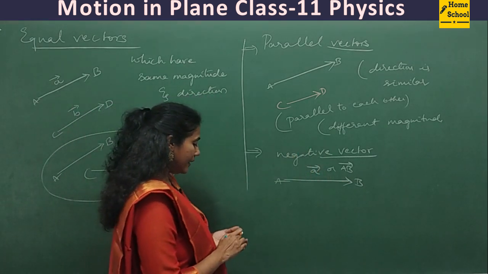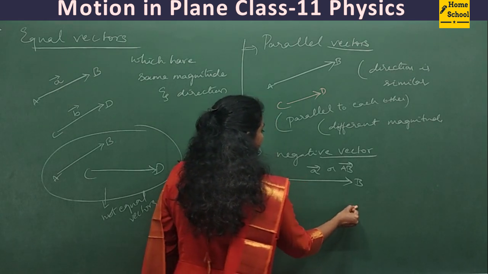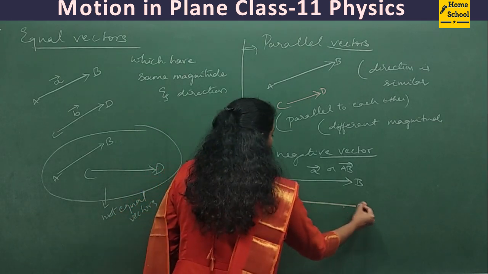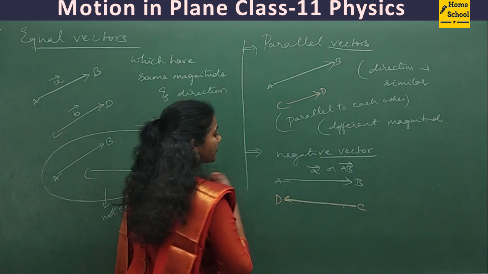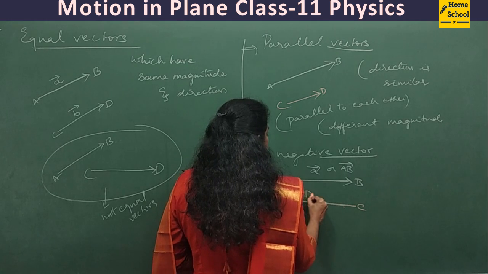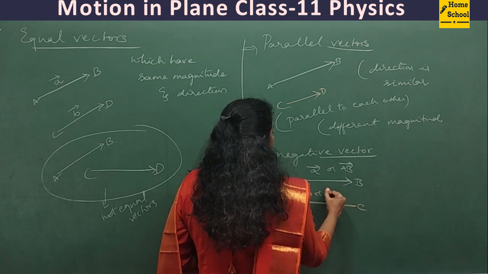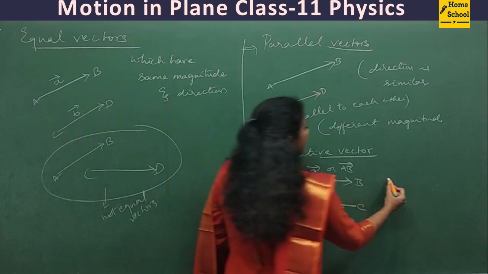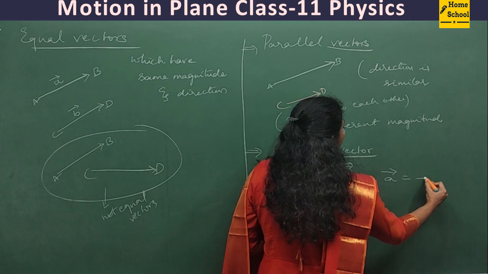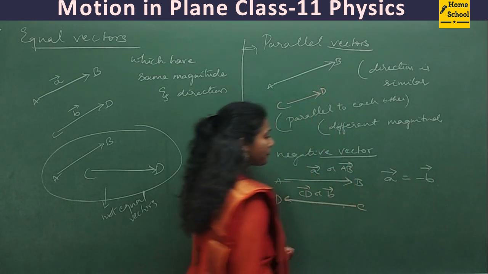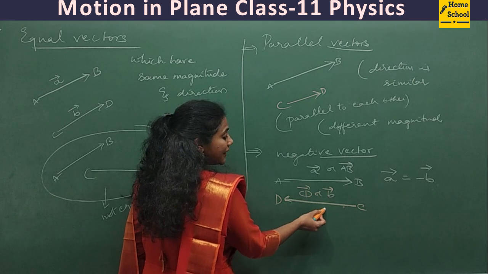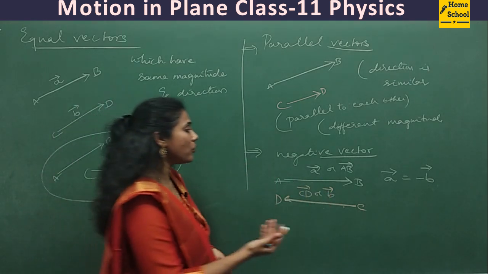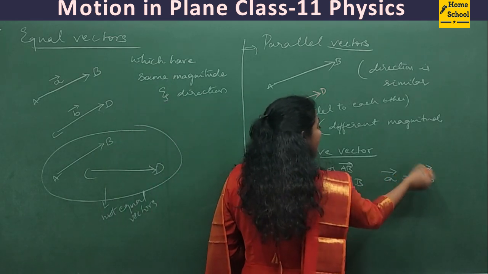And you see I have another vector of the same magnitude but in a different direction. This is our CD vector. I can call it CD bar, or let me call it B bar, B vector. So here A vector is equal to minus B vector. Magnitude is the same, length is the same, but the direction is different.